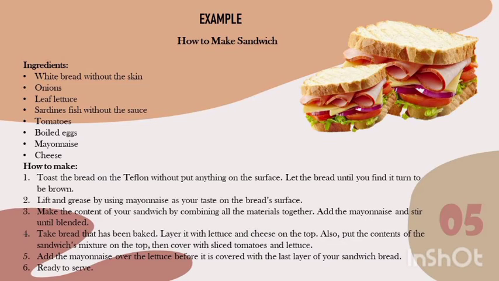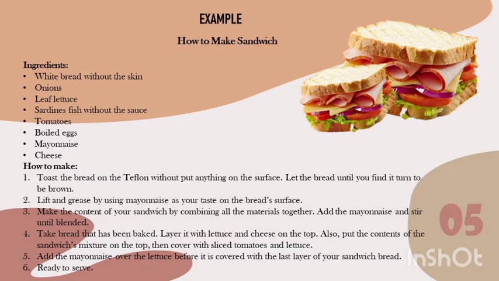The second, grease the bread surface with mayonnaise for taste. And then make the content of your sandwich by combining all the materials together. Add the mayonnaise and stir until blended. Take the bread that has been baked.